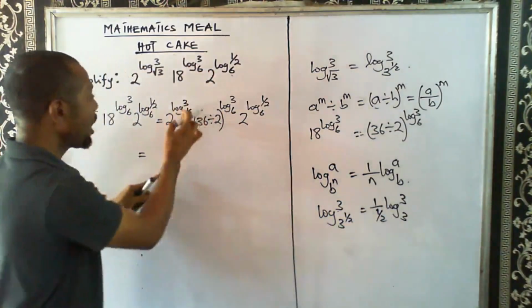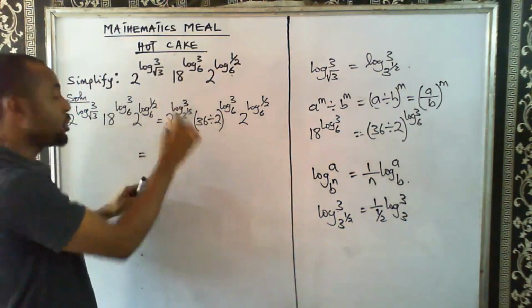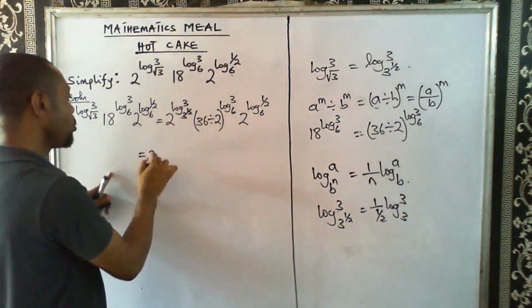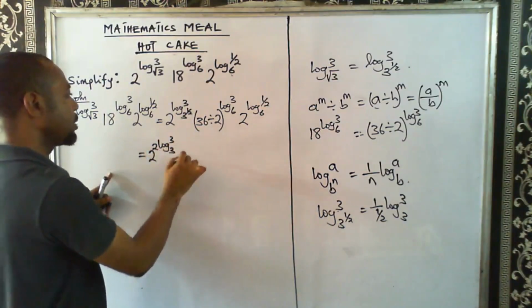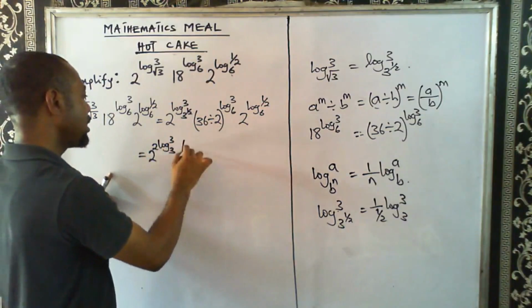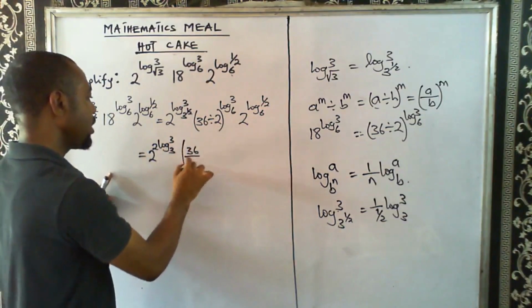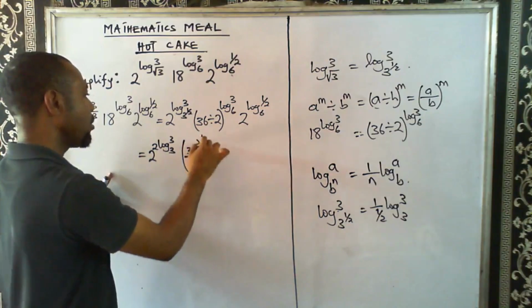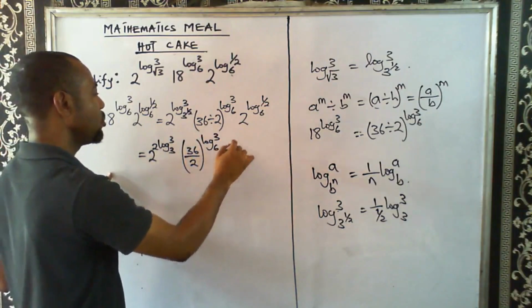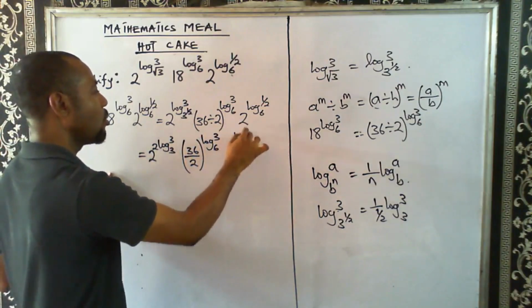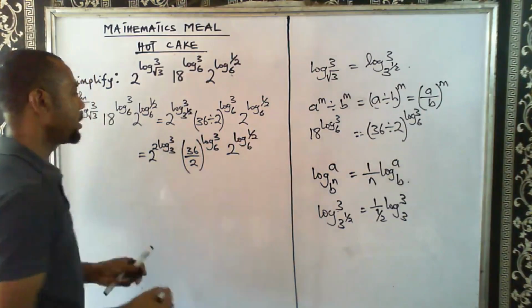So the reciprocal of half, that's what will come here, which is 2. So this will now become 2 raised to power 2 log 3 in base 3 times, then I can write this as 36 divided by 2 raised to power log 3 in base 6 times 2 raised to power log 1 over 2 in base 6.